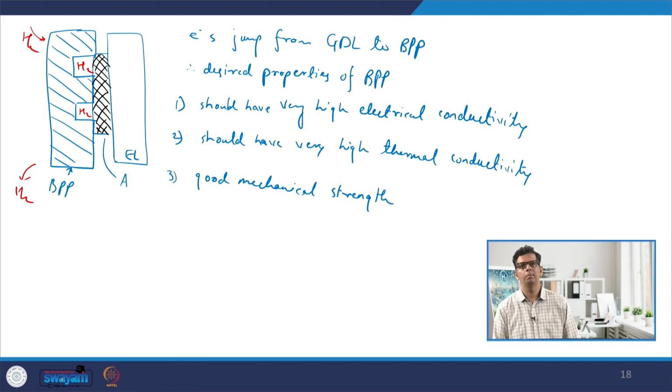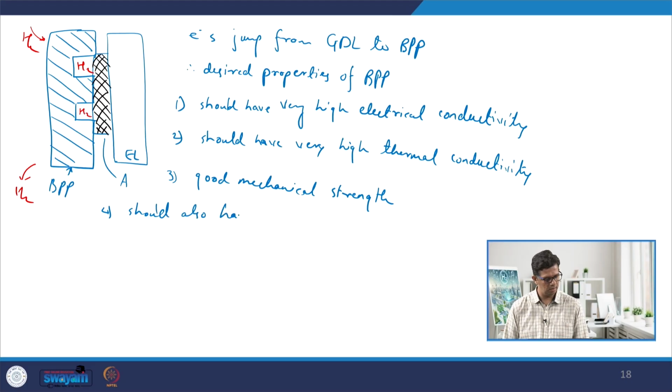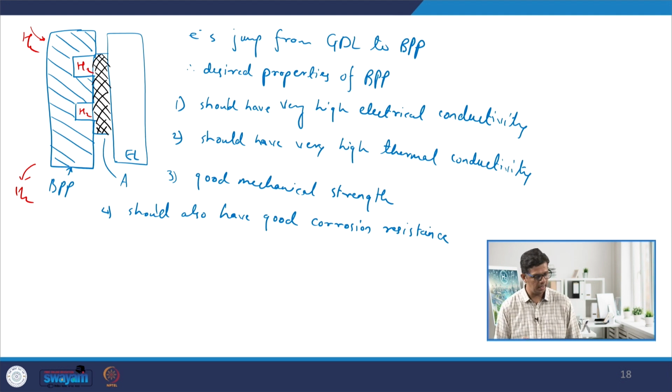Why is it important? Because the bipolar plates on either side are the ones which hold the entire assembly together rather firmly, and that is why they should possess very good mechanical strength. They should also have good corrosion resistance. Why is it important?